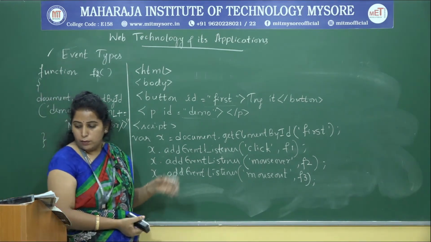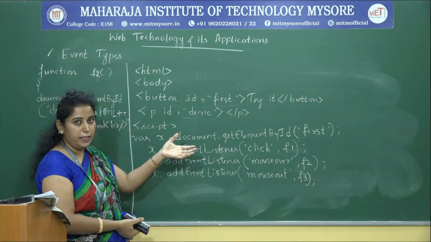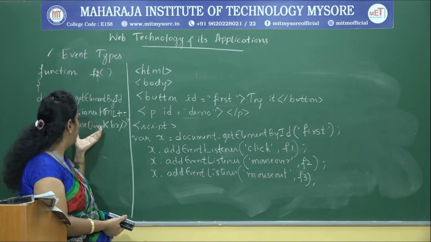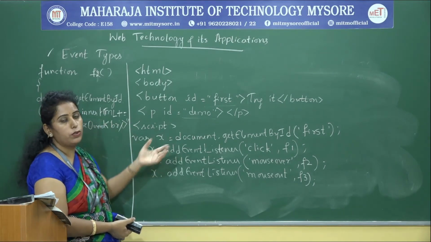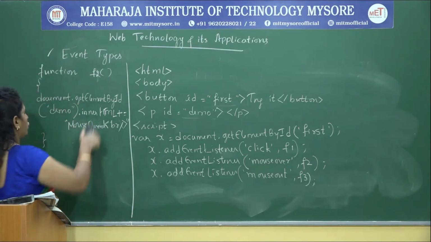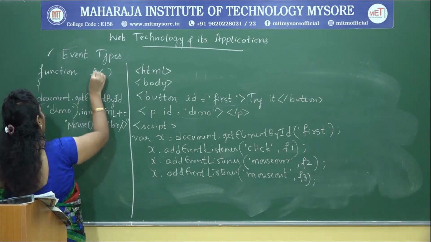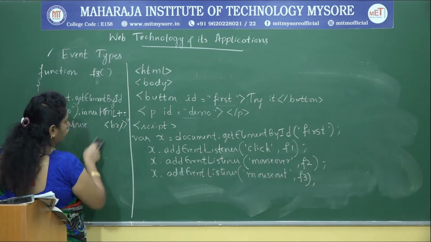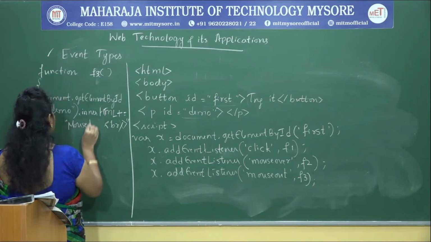The mouse was moved over an element. By that time it will print mouse over. So you can notice that output now. Also for function 3, in this way. What is that activity? Mouse out. Moused out.